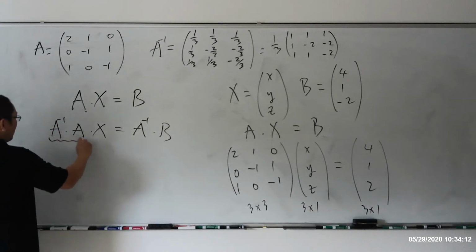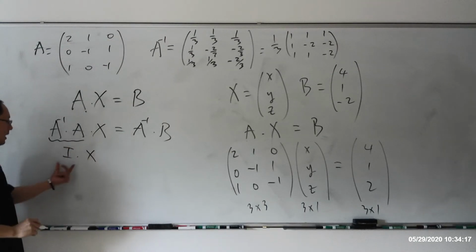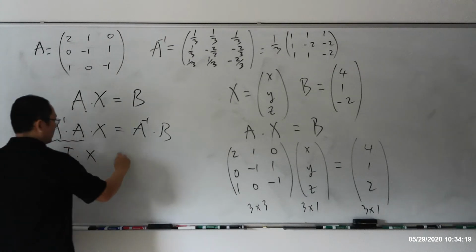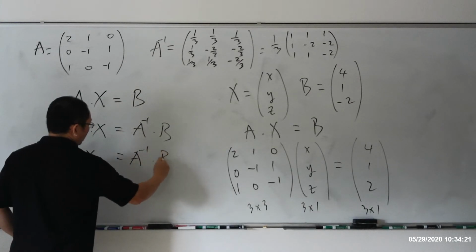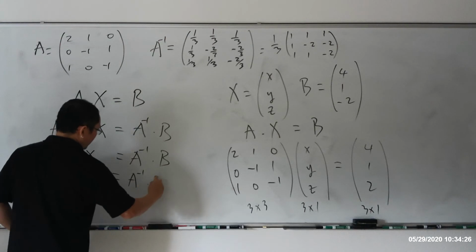And you know what happens when you take A inverse times A? This is the identity. Identity is like number 1, so 1 times X equal to A inverse times B. Identity is 1 already, so just X equal to A inverse times B.